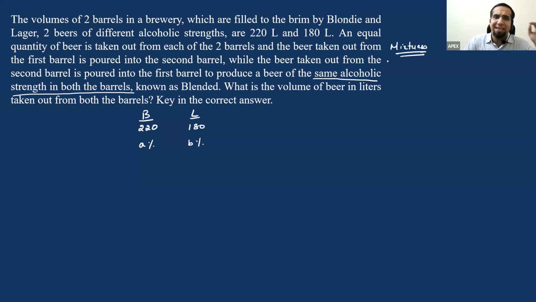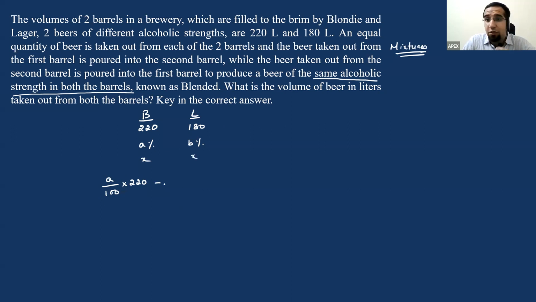This 25-30 seconds is what is required in any question. Clear? Now let's see what is happening here. So two containers. So in the first one, the amount of alcohol is A percentage of 220. Clear? From here, let's say X liters are taken out.